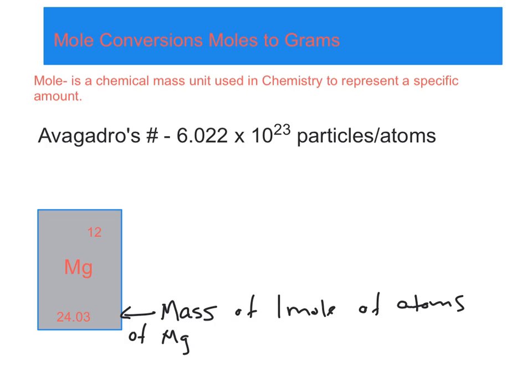So when we're looking at something like 24.03, the atomic mass, what we're really saying is that it's 24.03 grams of magnesium per 1 mole of those atoms. That's really what we're saying. So the new unit that we're going to be talking about in atomic mass is going to be grams per mole.